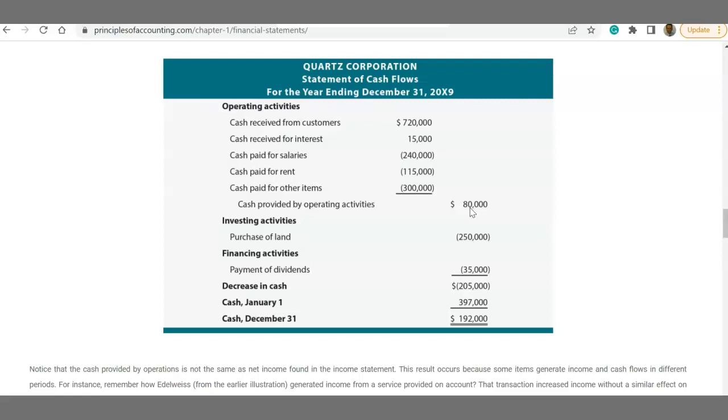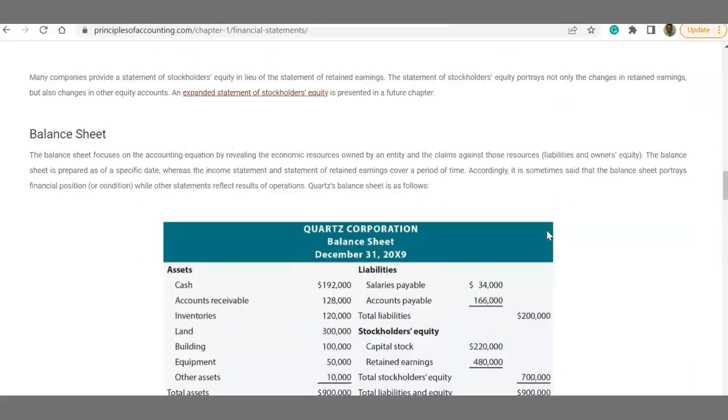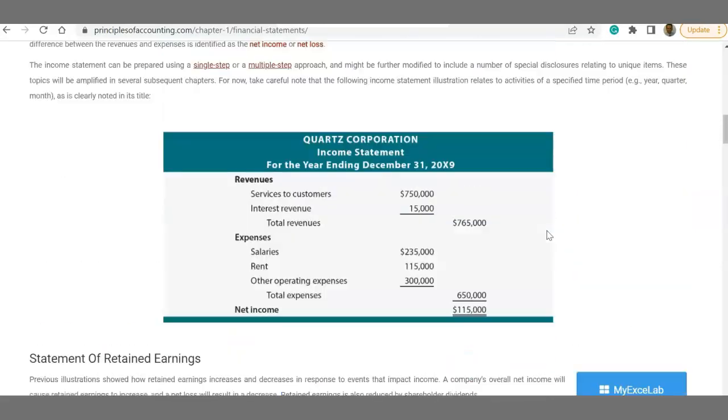And because of that, my revenue here is $765,000. I'm not saying I got all the cash from the customers, all I'm saying is I earned $765,000 of revenue.